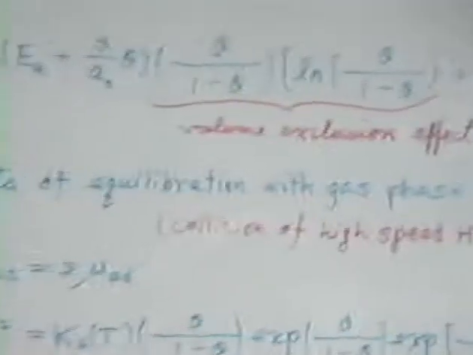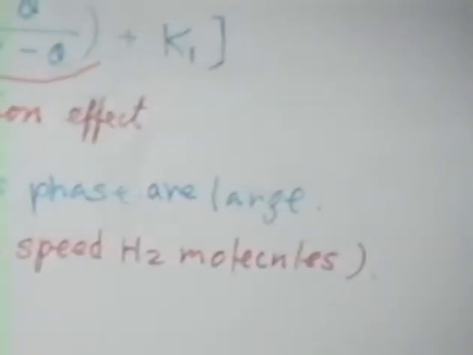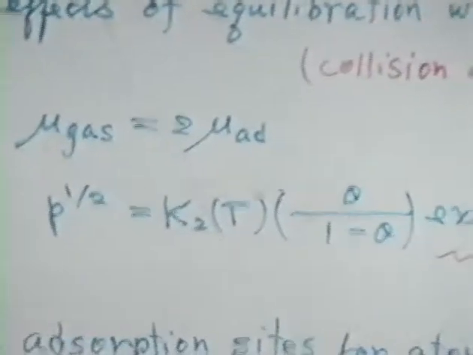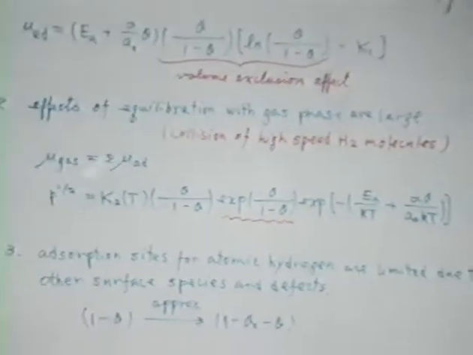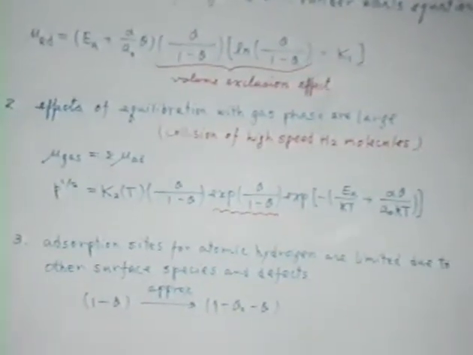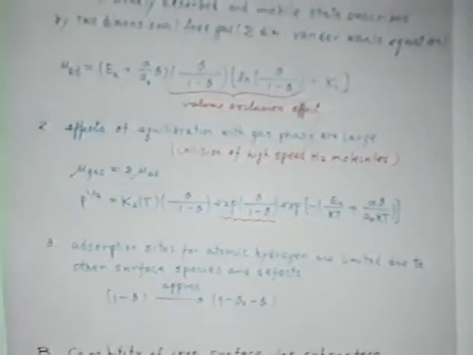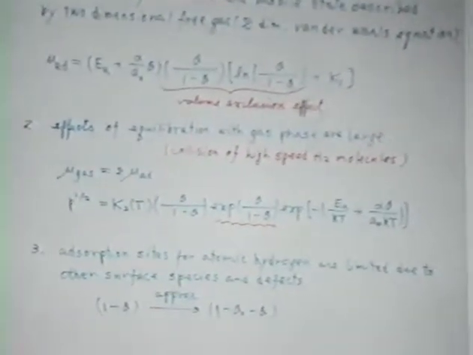Now the next effect is, of course, the equilibration with the gas phase. Of course, high-speed H2 molecules may collide on the surface. This has a strong effect. With the equilibrium condition, of course, we obtain a well-known result here. In the case of the two-dimensional fluid, the coverage is rapidly limited.